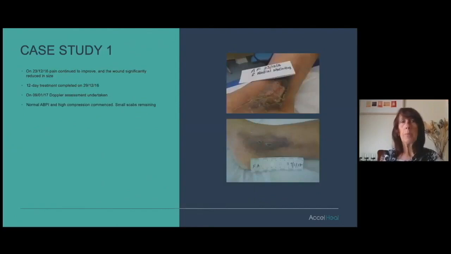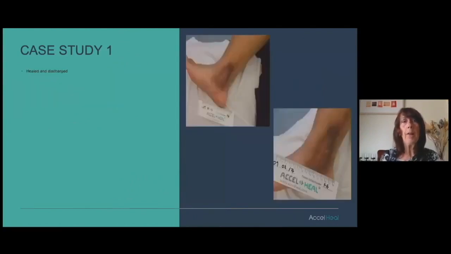The pain continued to improve with reduction in wound size, and as you can see there, by the 9th of January, there is a significant improvement, and Doppler assessment was undertaken, and we then commenced some high compression therapy in view of her risk of recurrence before we measured her for compression hosiery. And the wound went on to fully heal by early February, and she reported how delighted she was with this wound healing, where previous ulcers had taken over 6 months to heal.